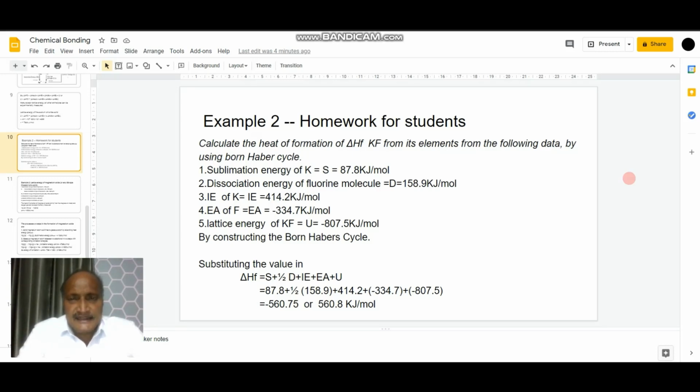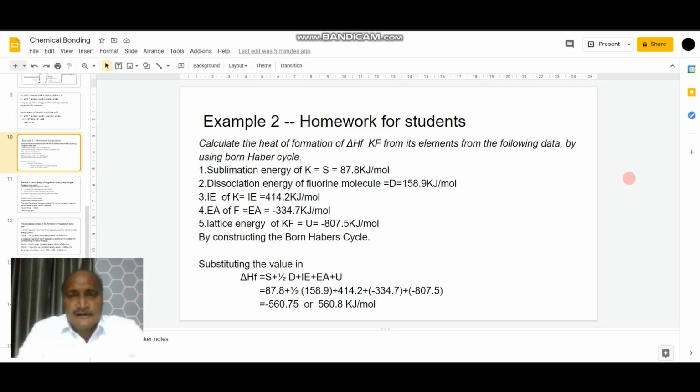We have also studied in detail the construction of a Born-Haber cycle, and one example related to the calculation of lattice energy with the help of a thermochemical equation. So today I am going to give one example to the students as homework, similar to the first example in which we calculated the lattice energy from the given data using the Born-Haber cycle by applying all the 5 steps.